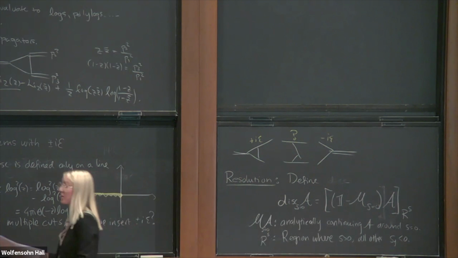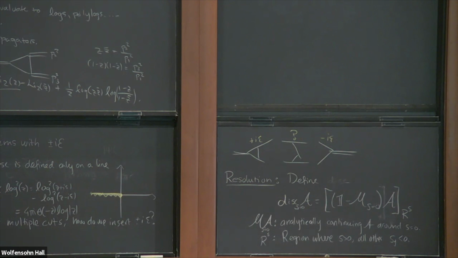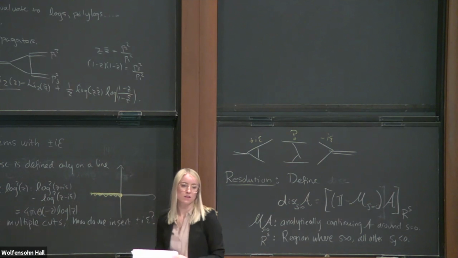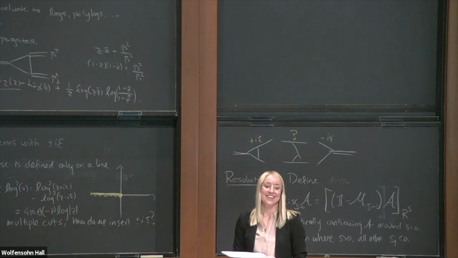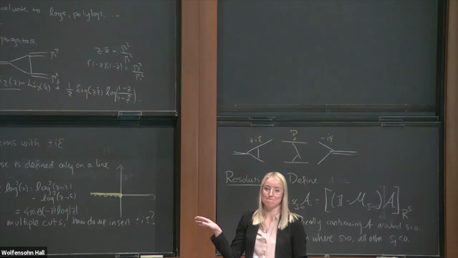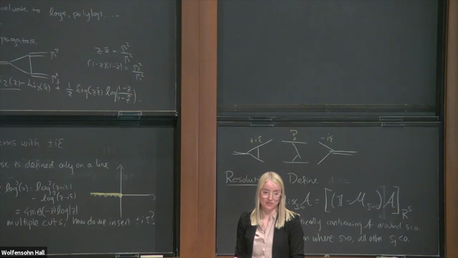Any questions before I go on to point 3? Why is it that the cutting rules are somehow asymmetric in plus iε and minus iε? It doesn't seem symmetric if I swap iε and minus iε. Yeah, good. We'll actually see an expression later which resolves that.